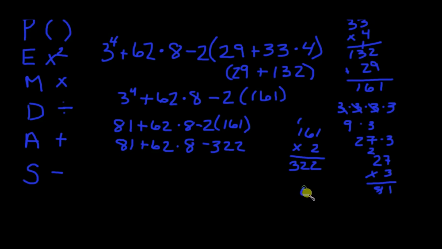So 62 times 8. 8 times 2 is 16. Bring up the 1. 8 times 6 is 48. 48 and 1 is 49. So it's 496. Since they're both positive, this is 496. Bring down the rest of our equation as always.